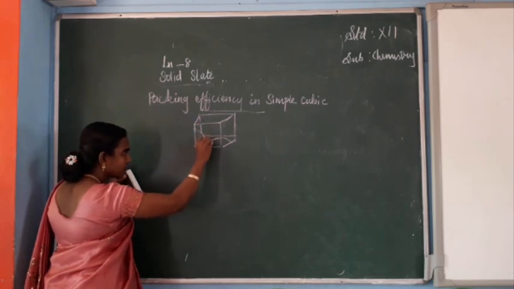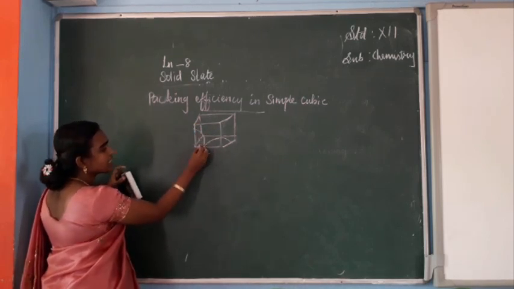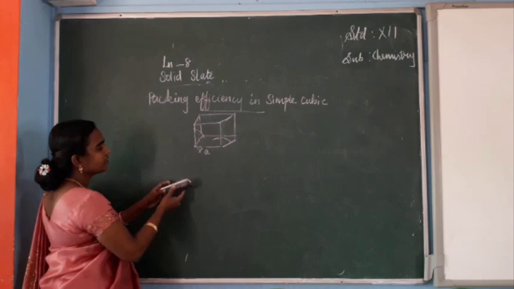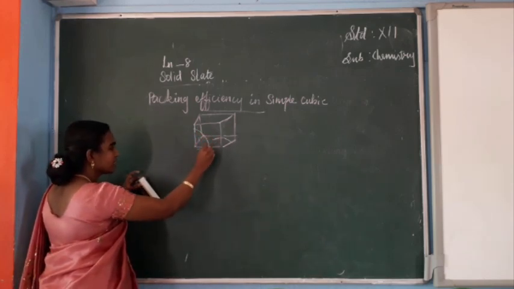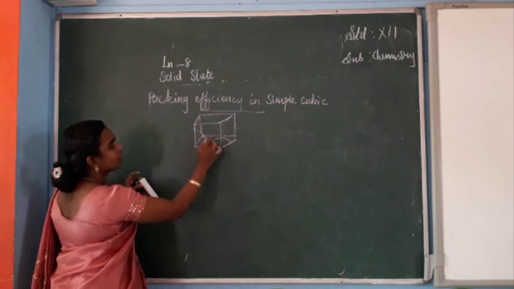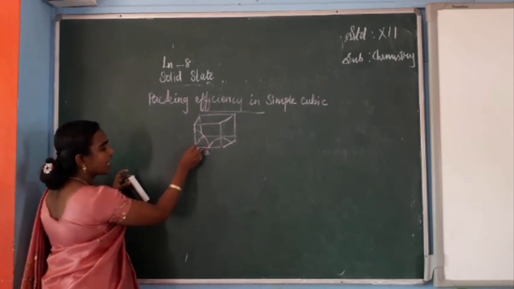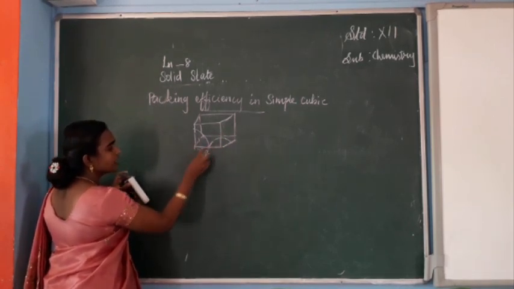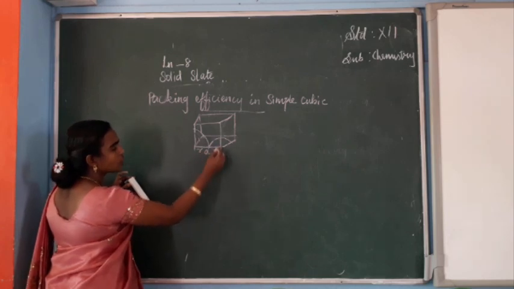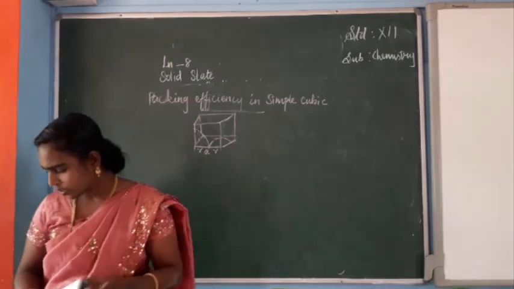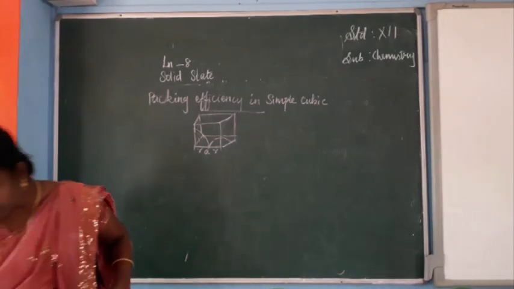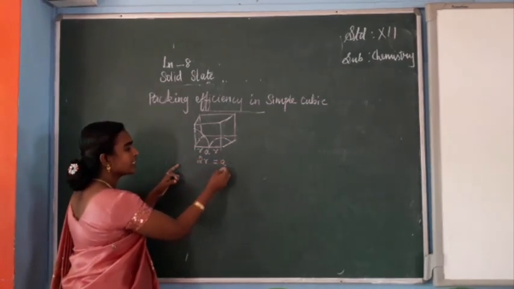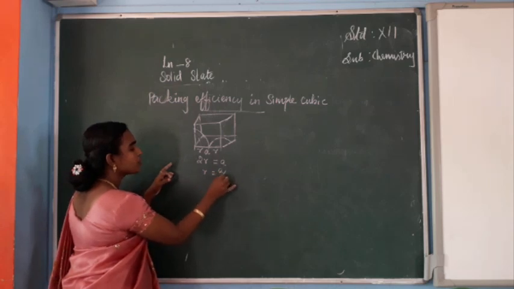So half of this sphere, maybe this distance we can take as R. This distance is R. In the same way, this distance also you can take as R. From here to here it is R, from here to here it is also R. Have you understood? So 2R is equal to A, isn't it? So the R value must be A by 2.